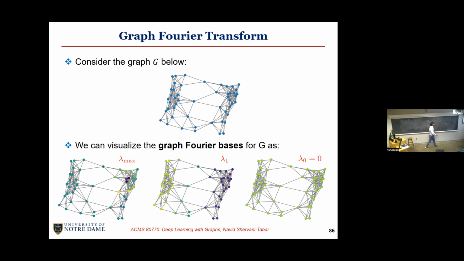Lastly, I'm going to show you the eigenvector corresponding to the largest eigenvalue. And you will see that more rapid changes are observed across the nodes that are neighbors of each other on this graph.